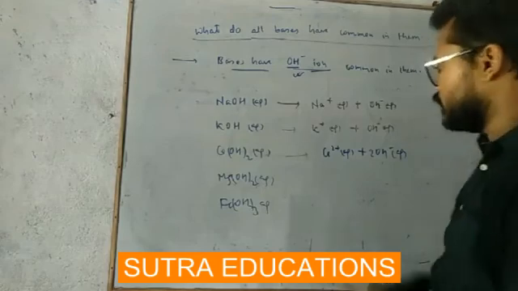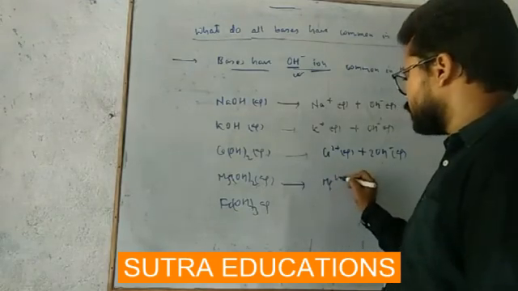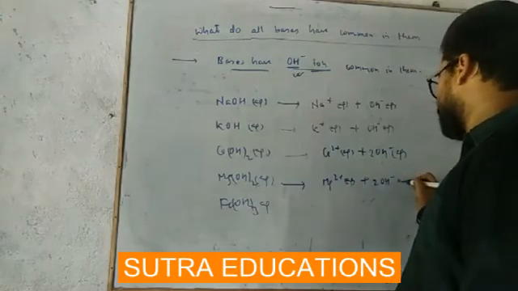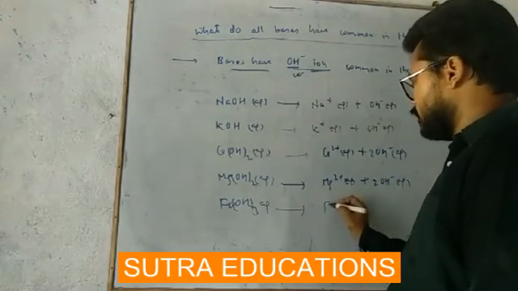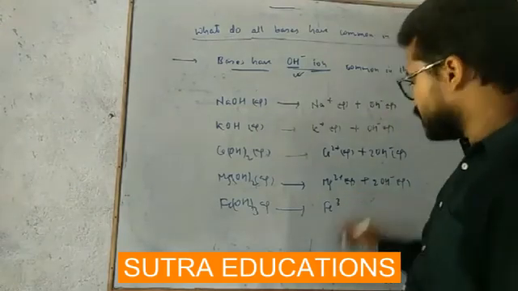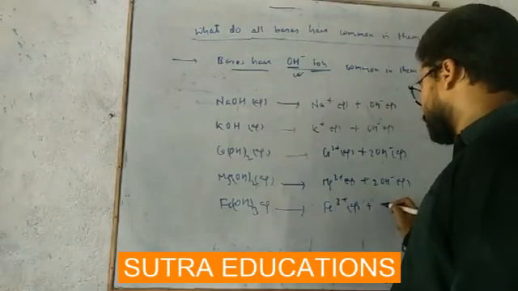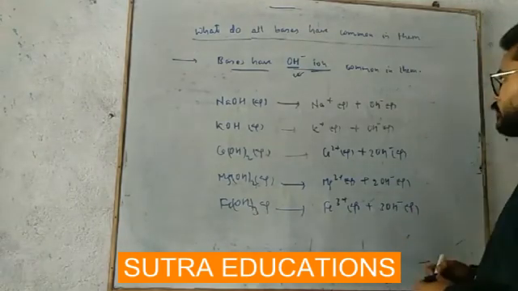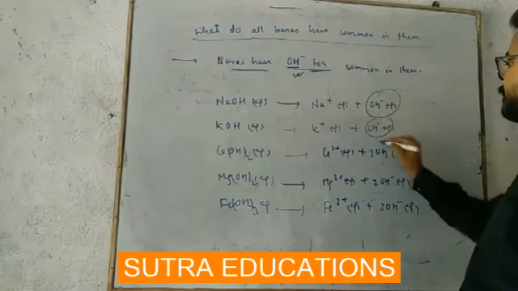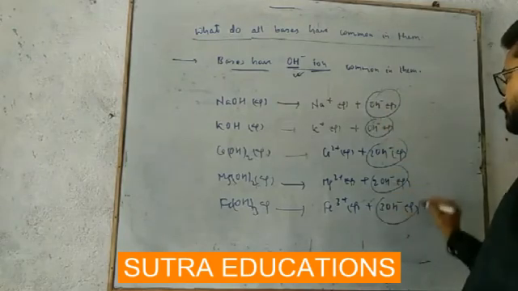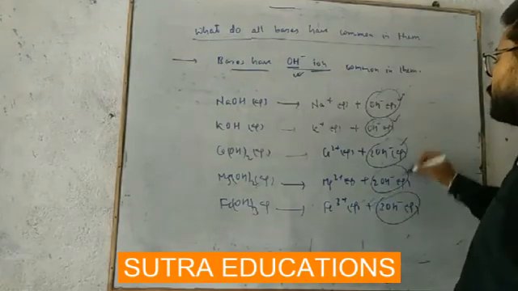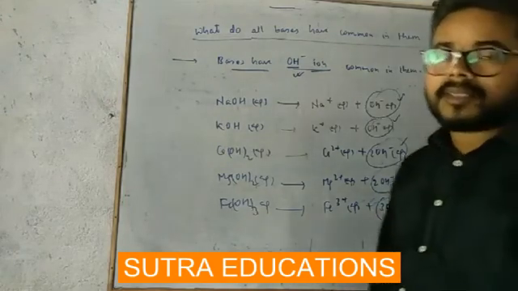Mg(OH)2 will give you Mg2 plus aqueous plus 2OH minus aqueous, and Fe(OH)3 will give you Fe3 plus aqueous plus 3OH minus aqueous. So every time you can see OH minus is there. So bases have OH minus ion common in them.